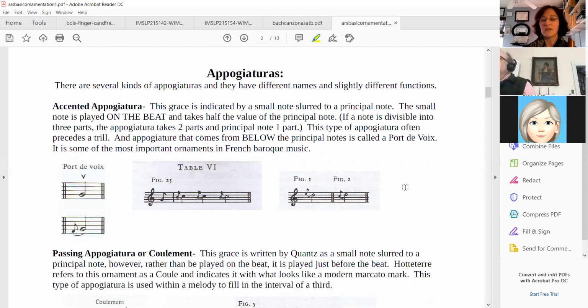The small note is played on the beat and takes half the value of the big note. Quantz tells us in his treatise that if the principal note is divisible into 3 parts, the appoggiatura takes 2 parts and the principal note takes 1 part. This is the type of appoggiatura that precedes a trill. It's a very long appoggiatura.